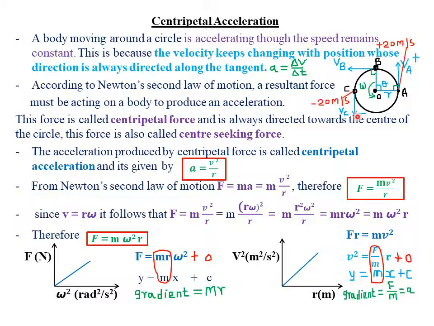Negative to show that it is moving in the downward direction. So the velocity at point A is positive 20, and at point C it is negative 20. Therefore the velocity is actually changing with time.